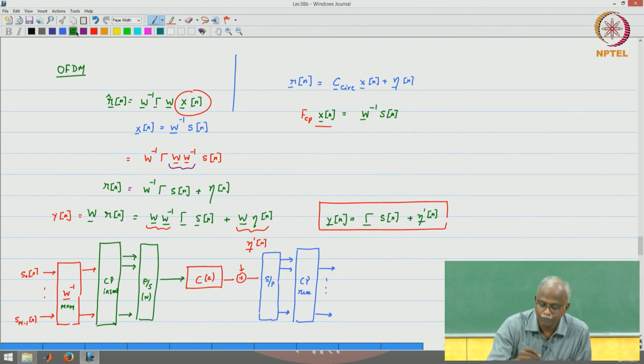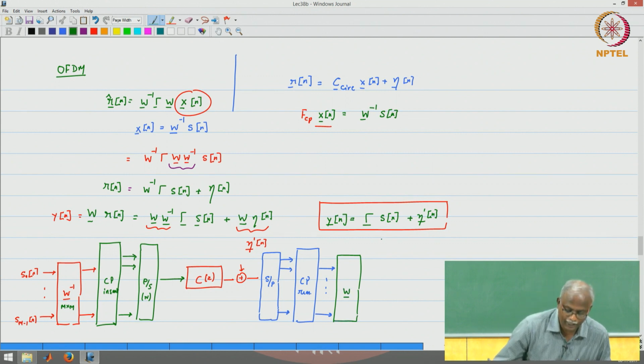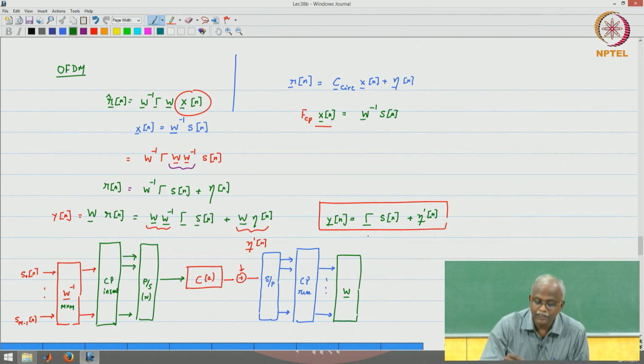I am going to process it through a DFT process W, and at the output I have the observations which are given by Y.